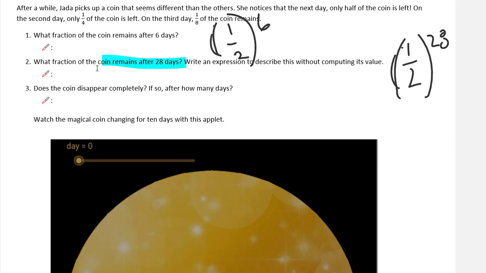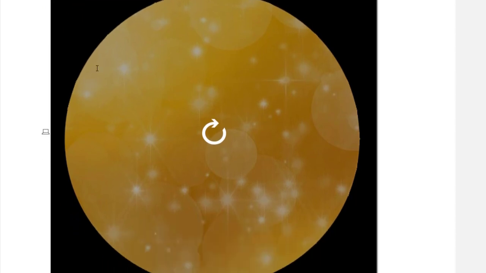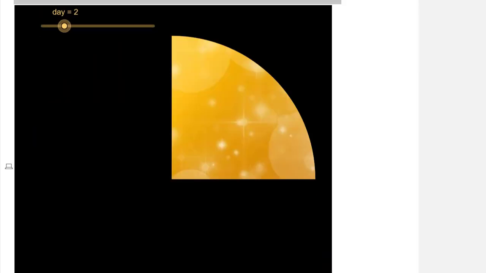Does the coin disappear completely? If so, after how many days? So I'm going to let you guys think about that one and answer that one on your own. And here's the little applet that goes with that. I'll let you guys watch this coin as it disappears. There we go.